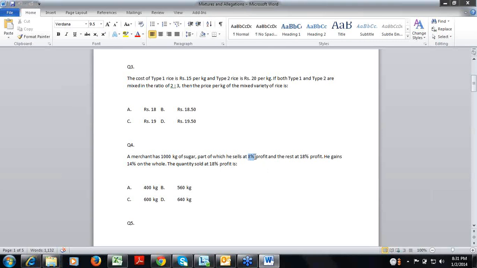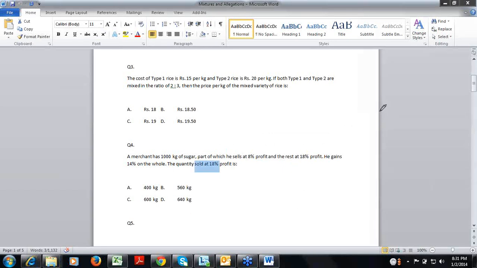One thing is sure: the amount of sugar sold at 8% profit is less, and the amount sold at 18% is more. So the quantity sold at 18% could be 560, 640 or 600. We are left with 3 options.